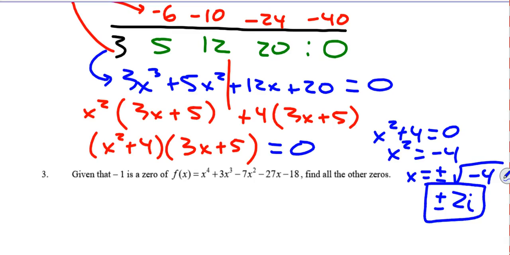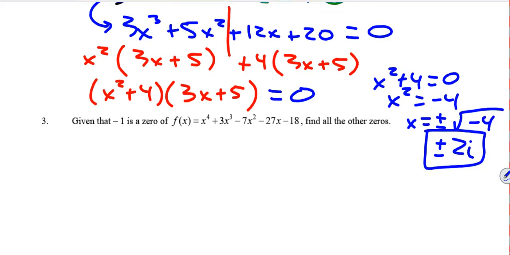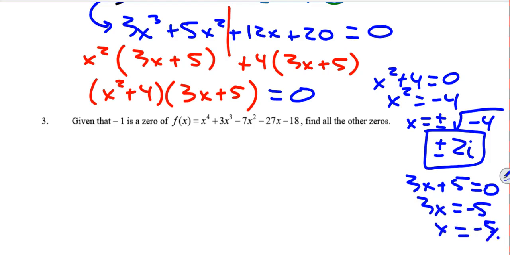What are my other ones? 3x plus 5 equals 0. 3x equals negative 5. X equals negative 5 over 3. So I have 2 zeros here, 1 0 here.